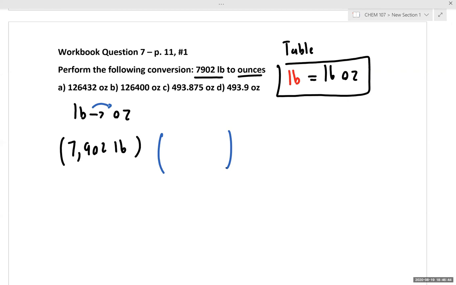If we're going to ounces, we need to put ounces on top. So we have 16 ounces per every 1 pound. Pounds cancel. So if we punch this into our calculator, 7,902 times 16 gives us 126,432 ounces, and that would be option A.